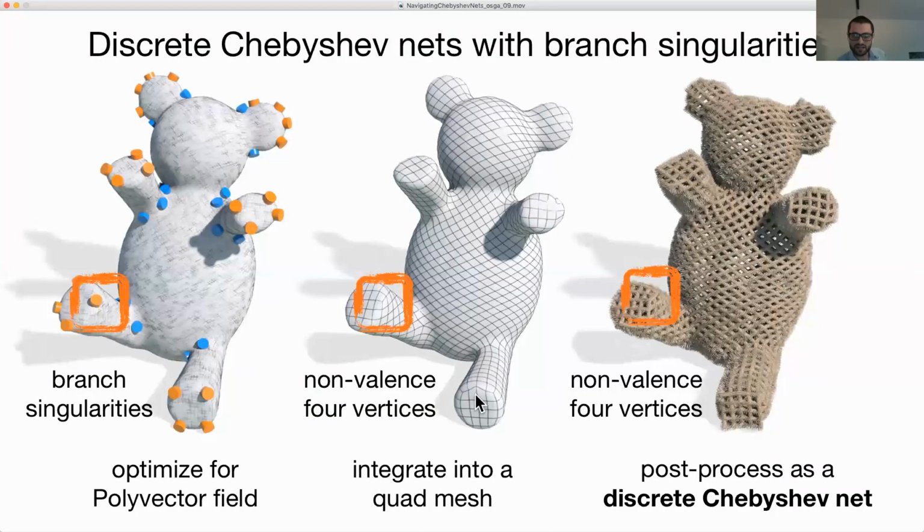One thing that you see is that on the surface, the vector field captures this circular region here. And here we see a squarification in the discrete Chebyshev net. So each singularity pops out as a cone point because there's nothing regularizing it to stay more curved in the region next to it.